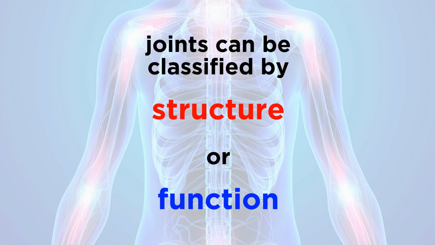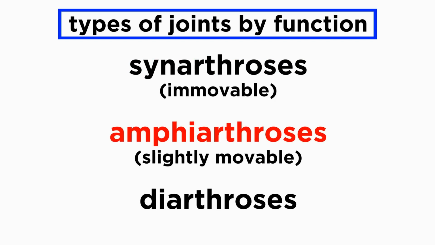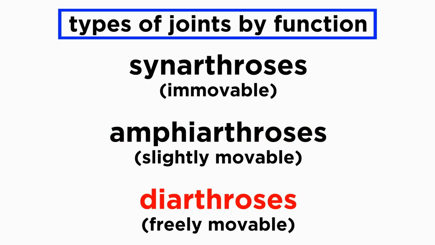First of all, we can classify joints either by their structure or by their function. If by function, we are referring to the extent of mobility that is provided by the joint. Synarthroses are immovable. Amphiarthroses are slightly movable, and diarthroses are freely movable.